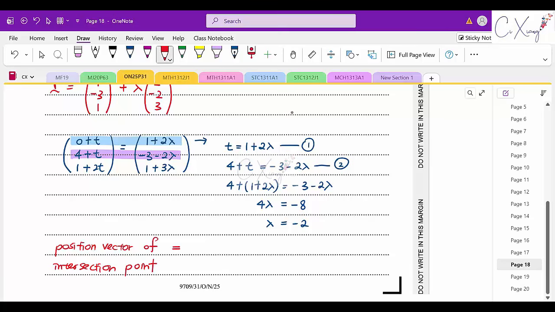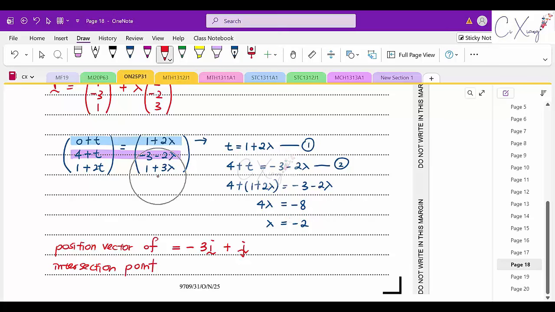So what will it be? Substitute -2 inside this part. 1 minus 4 is -3. Then this is the x coordinate, so we put it as i. -2 substituted in here, you'll be having -3 plus 4, which is +1, so plus 1j.